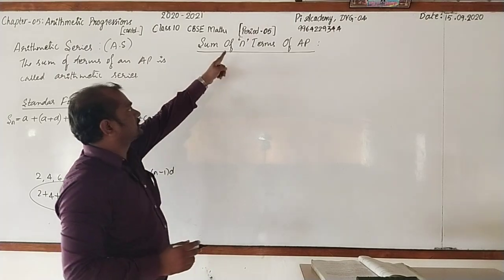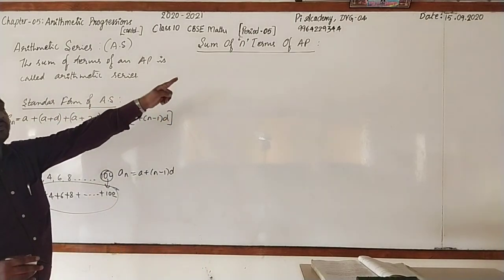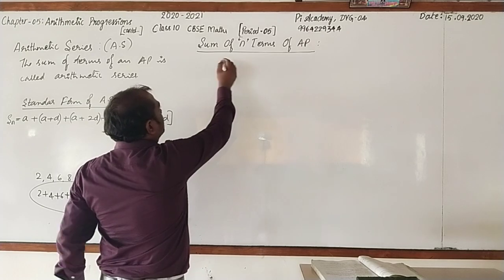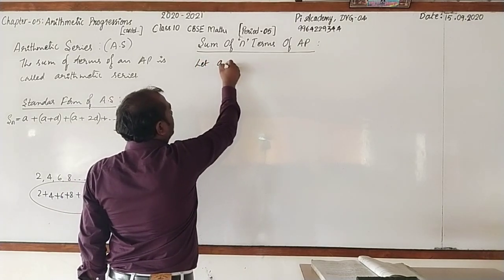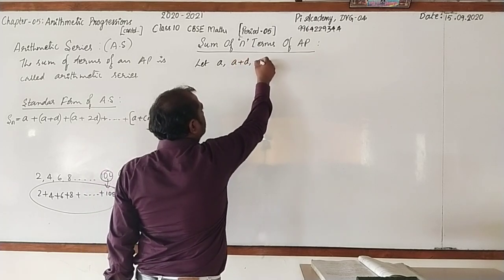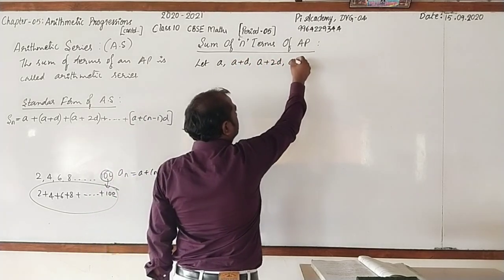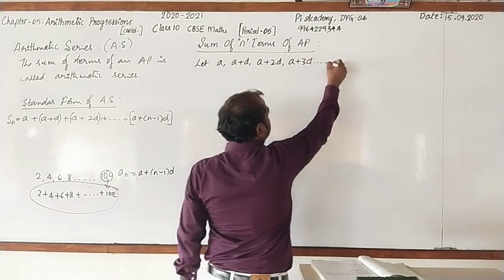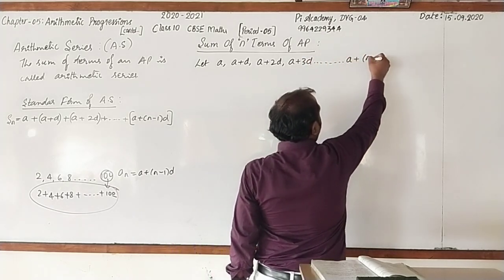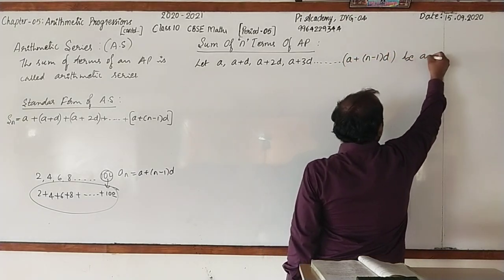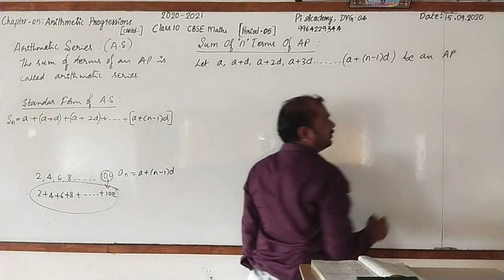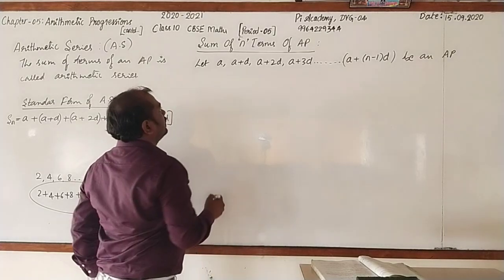Here I have written the heading sum of n terms of AP. Here I write, let a plus d, a plus 2d, a plus 3d and so on, a plus of n minus 1 into d be an AP.